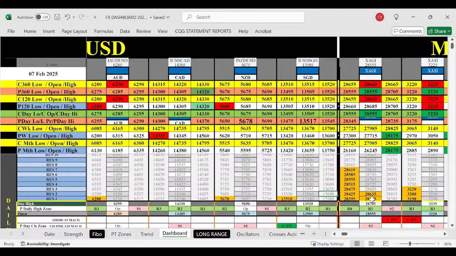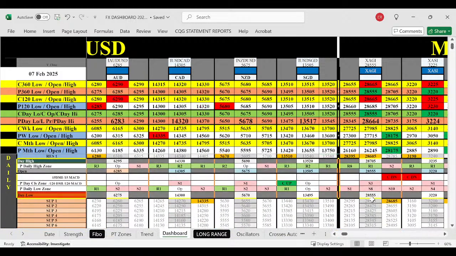Today, if the non-farm payroll comes out bad, expect this market to close near the high.